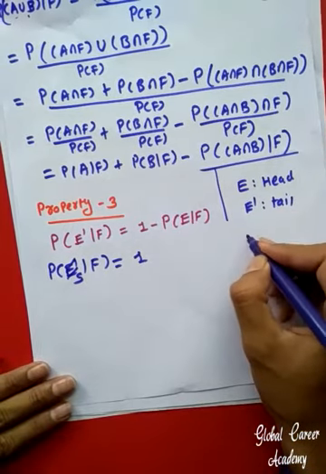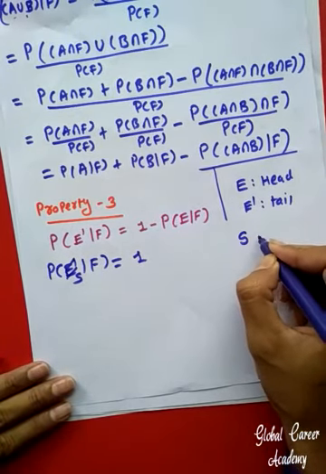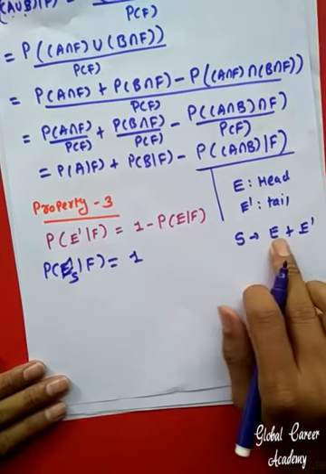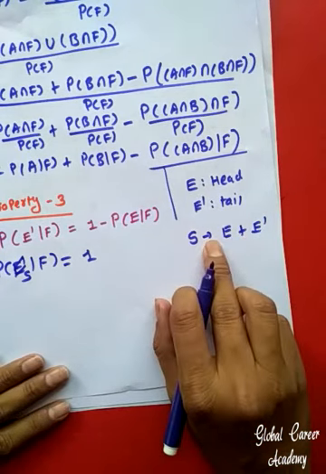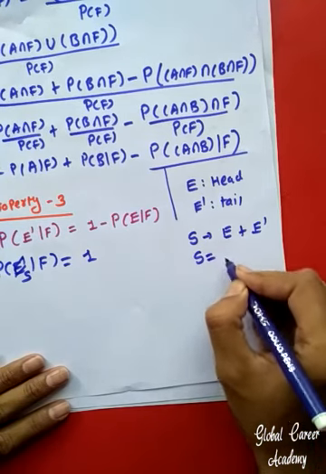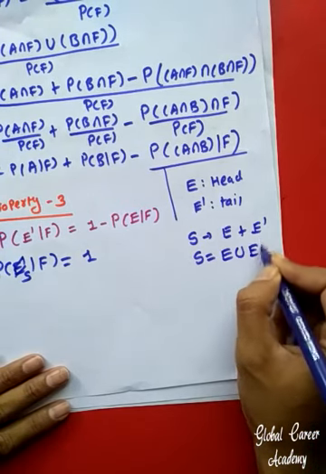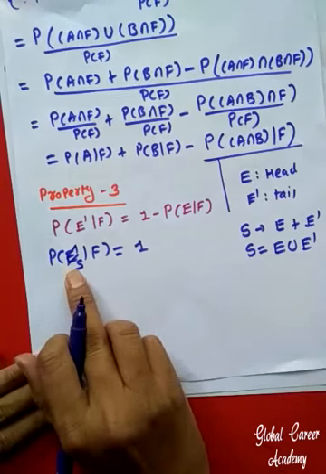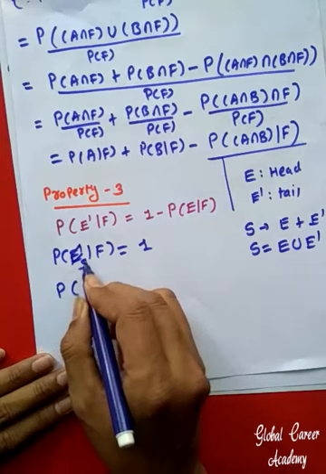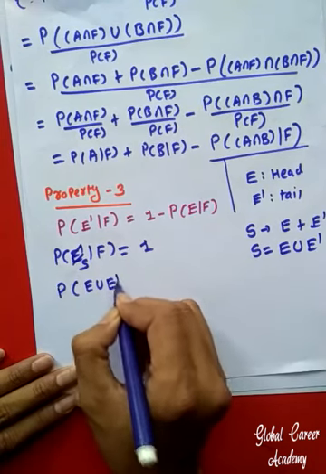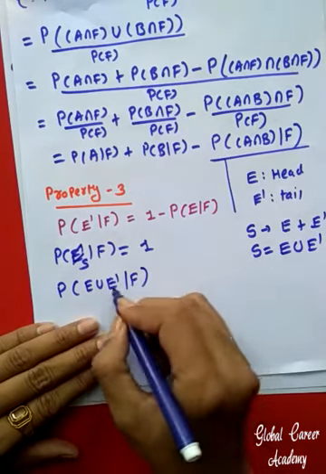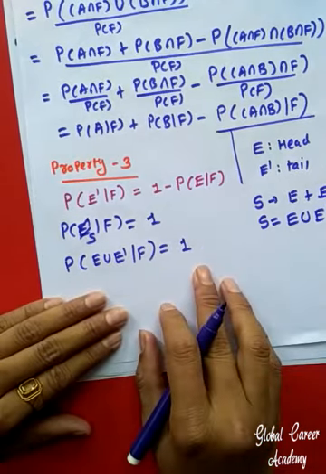Now if we consider the total sample space, then we understand that it will include the event E as well as event E dash. Okay. So if I want to put it, then I can represent it as E union E dash. So here we are putting the value of S, the total sample space. So in place of probability of S, we wrote E union E dash given F is equal to 1, right.